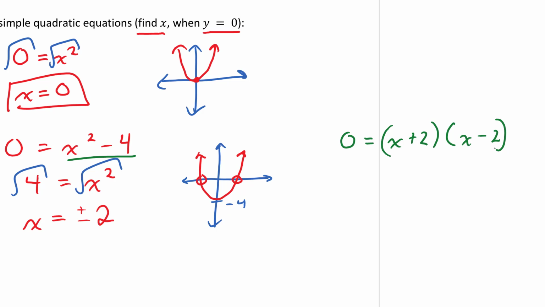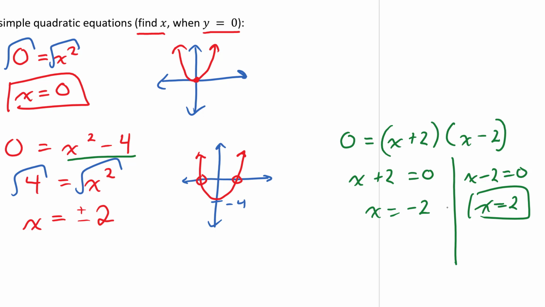So here we can take our knowledge of factoring. We can work this out. What I can do here, you've probably learned this in the past: you put x plus 2 equals 0, and you put x minus 2 equals 0. And you solve that, right? So x is equal to minus 2, and x is equal to positive 2. Two correct answers. Same as what we got over here.